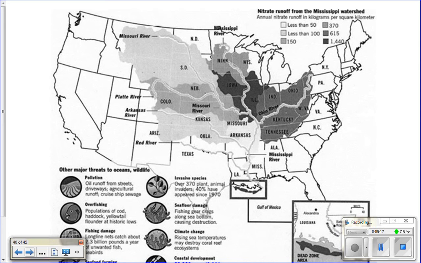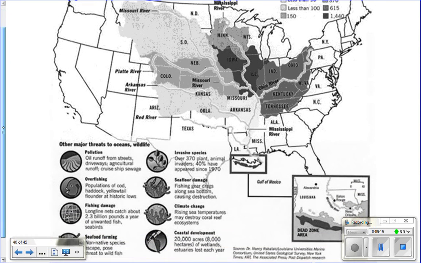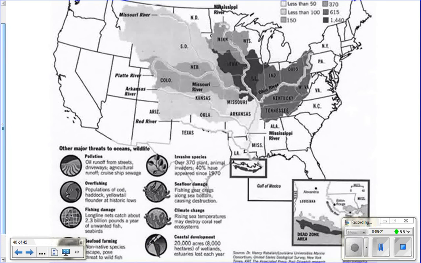This picture is to show you the oxygen dead zone in the Gulf of Mexico. So the Mississippi River is right here, and it's running down into the Gulf of Mexico. And the Mississippi River is really made up of a lot of other rivers. You get the Ohio River that runs and meets the Mississippi River.